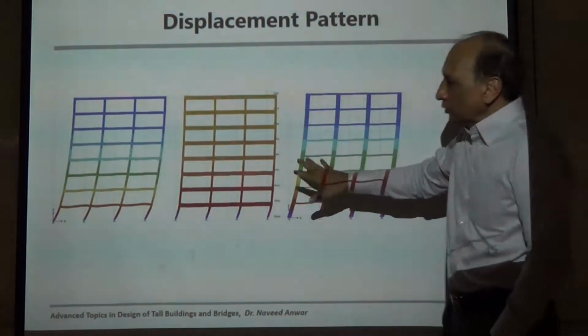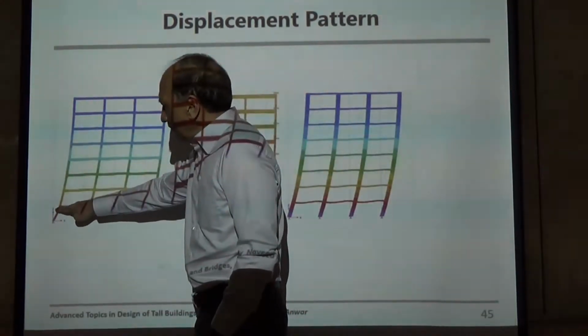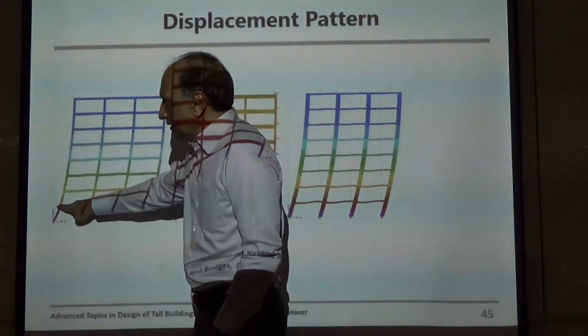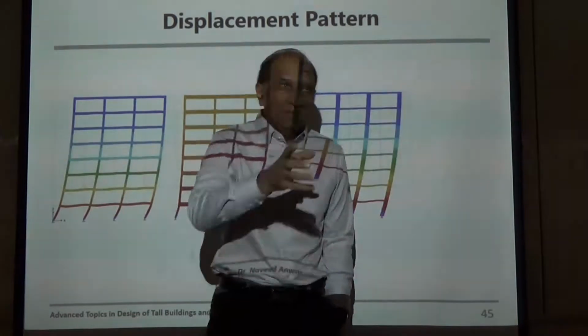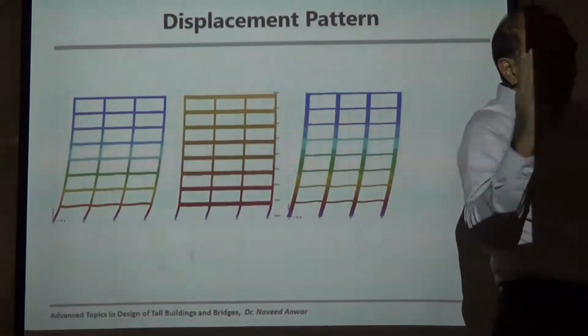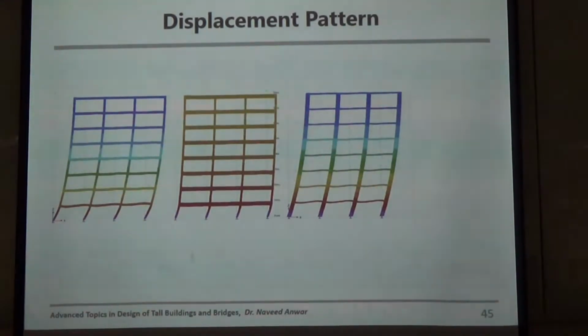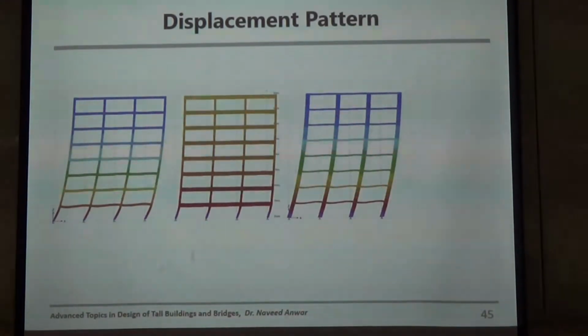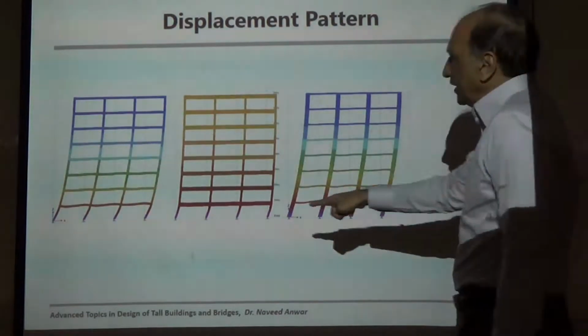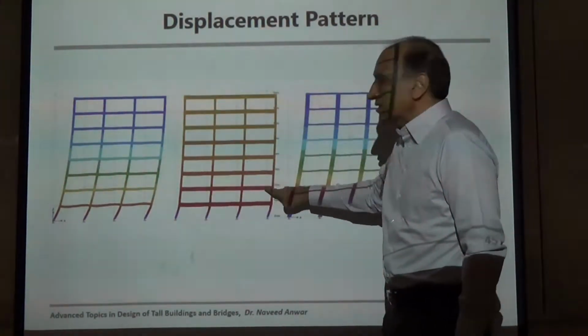If you watch closely, here the beam and column are both deforming. So you have deformation of the beams and columns both. When you sway the frame, the column also bends and the beam also bends, because the stiffness is nearly similar. In this case, the beam more or less stays straight.